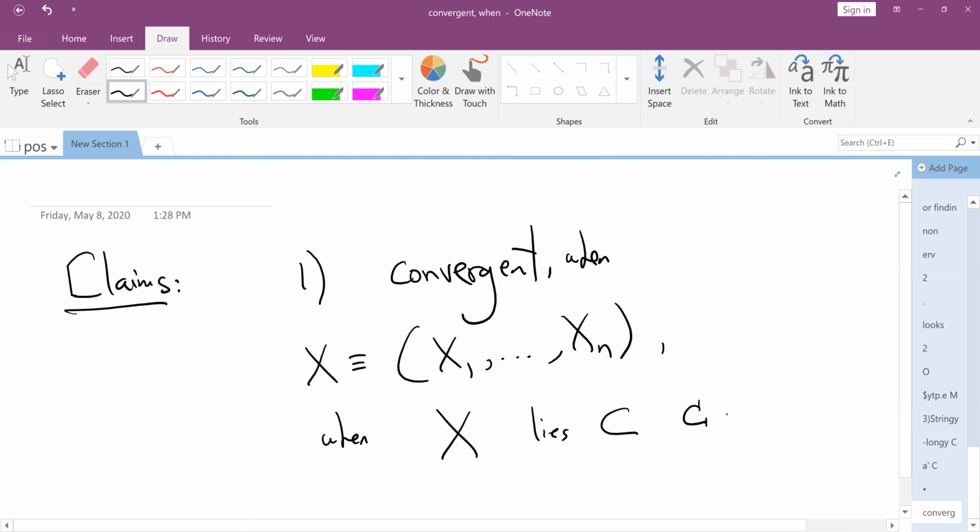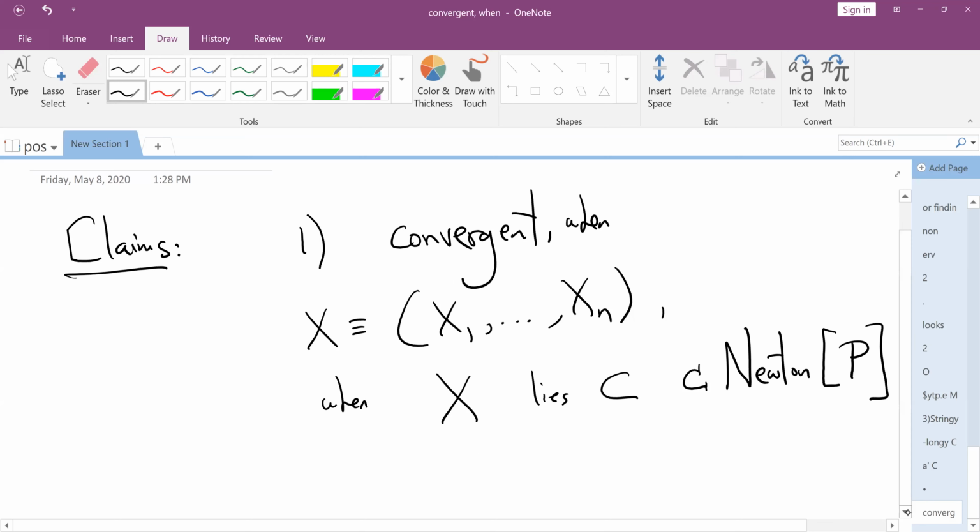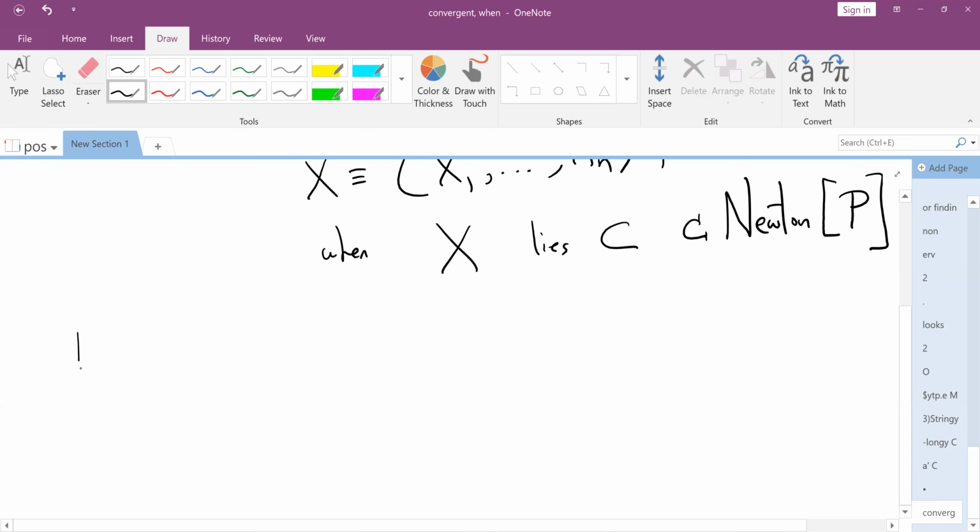And that polytope is given by that constant, and it's called the Newton polytope of the polynomial. So let me explain what this terminology means. What is the Newton polytope of a polynomial?